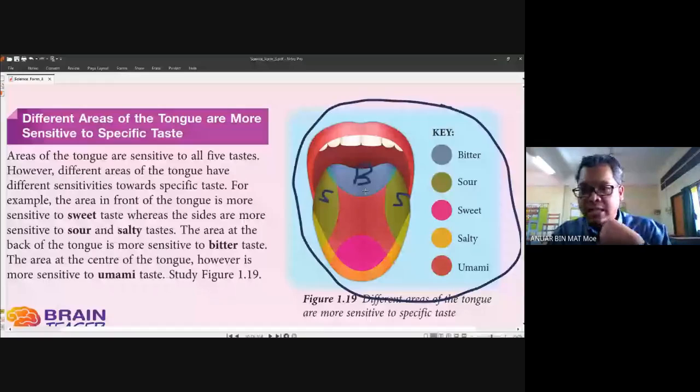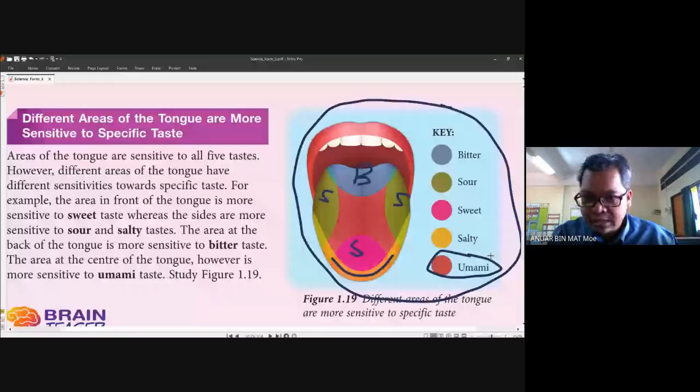Bitter is at the back of the tongue, you will taste bitter more at the end of the tongue. And then at the tip of the tongue is umami, and at the side front of the tongue we feel salty.